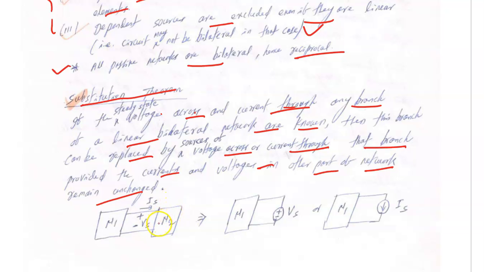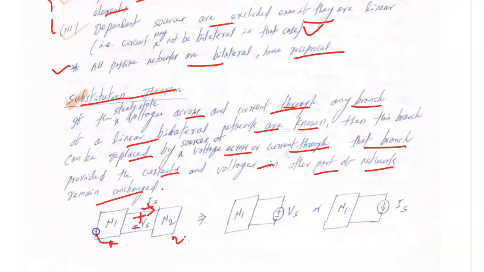Simply I'll make you understand. You have a network 1 here, you have a network 2. Now you know that the voltage across this network is Vs, plus minus, and the current flowing into the network is Is.